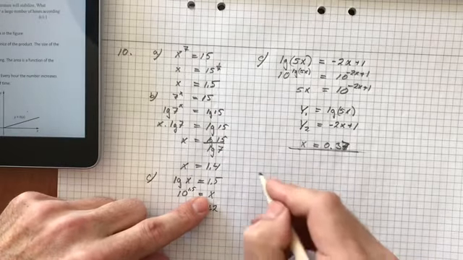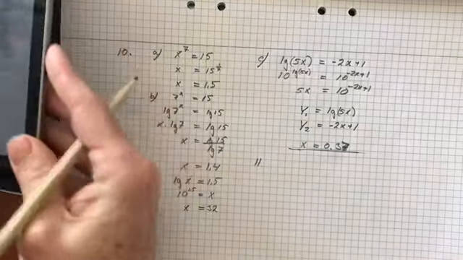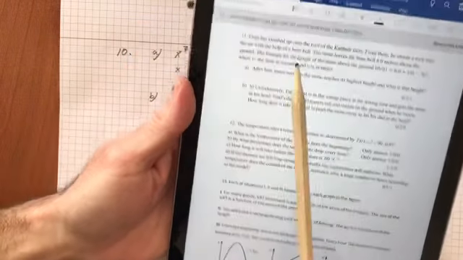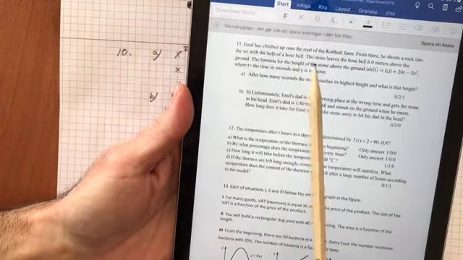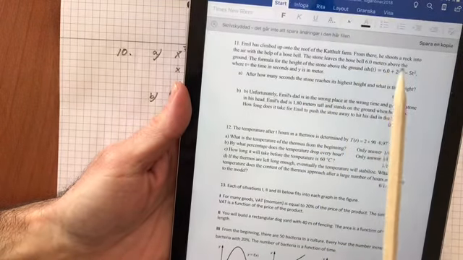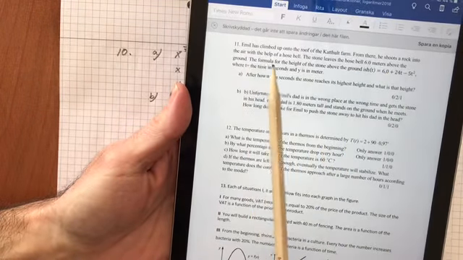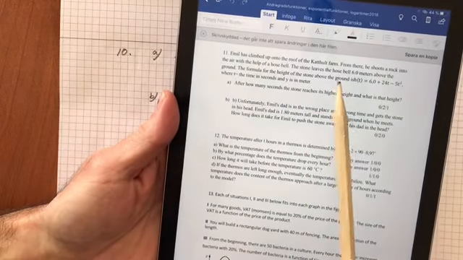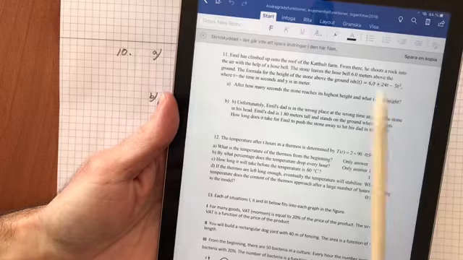Okay, exercise 11. It's about Emil in Lönneberga. He has climbed up onto the roof of the cattle farm. From there he shoots a rock into the air with the help of a horse bell, slangbella. The stone leaves the horse bell 6 meters above the ground.